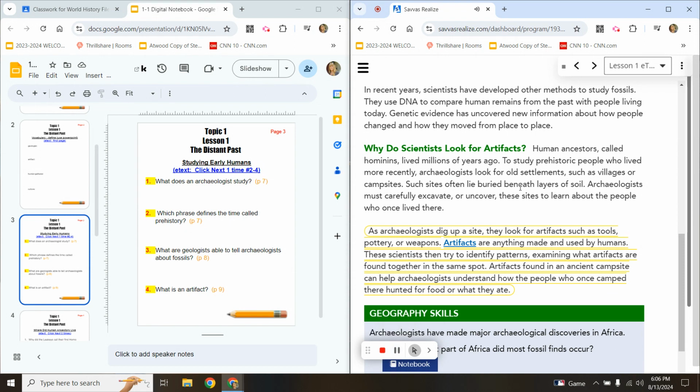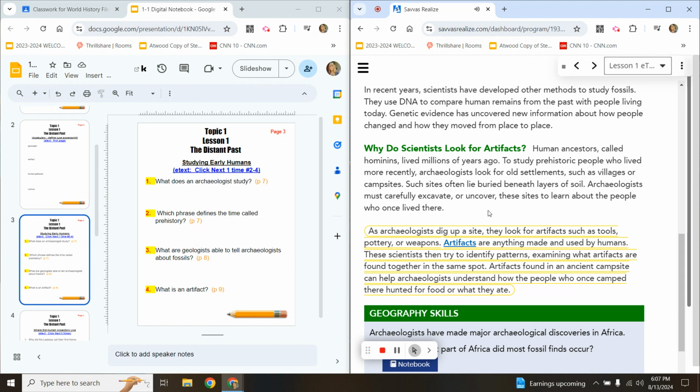Why do scientists look for artifacts? Human ancestors, called hominins, lived millions of years ago. To study prehistoric people who lived more recently, archaeologists look for old settlements, such as villages or campsites. Such sites often lie buried beneath layers of soil. Archaeologists must carefully excavate or uncover these sites to learn about the people who once lived there.